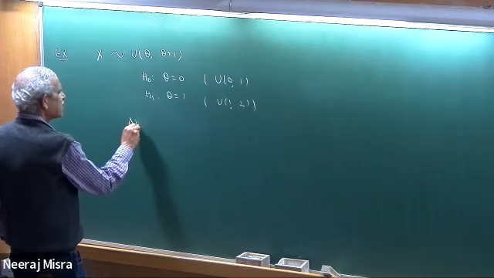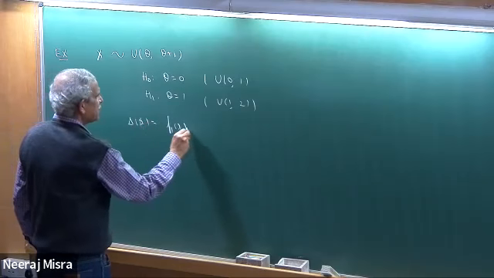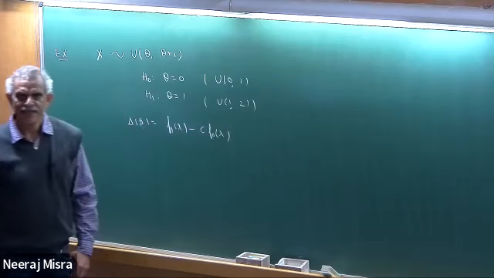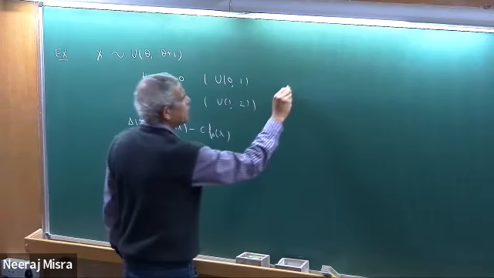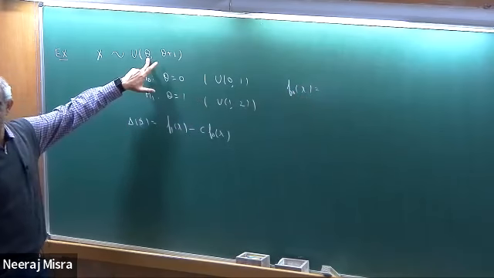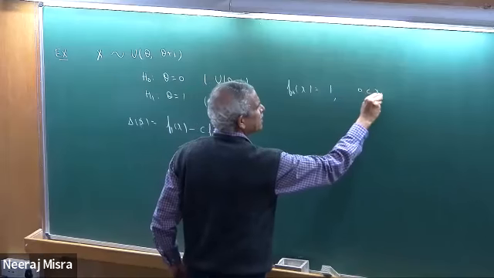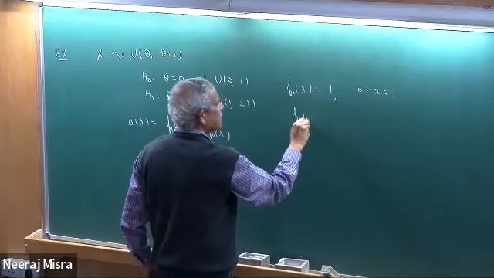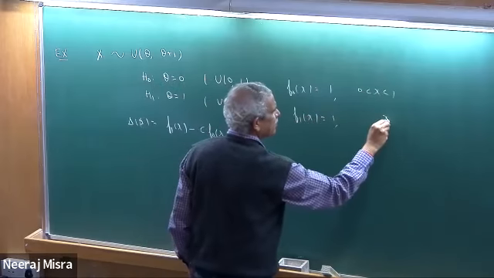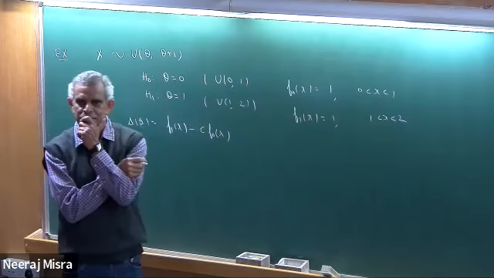So let us consider delta(x), which is f1(x) minus c times f0(x). Let us see what my f0(x) is. f0(x) is Uniform(0, 1), so that is 1 if 0 is less than x less than 1. f1(x) is 2 minus 1, so 1 if x is between 1 and 2.